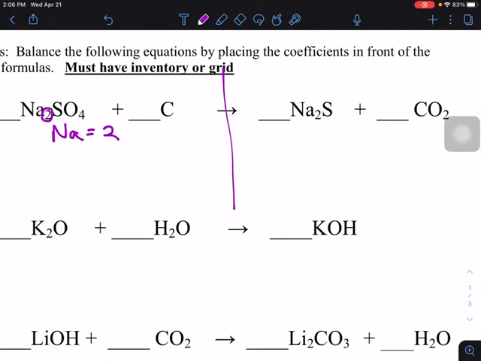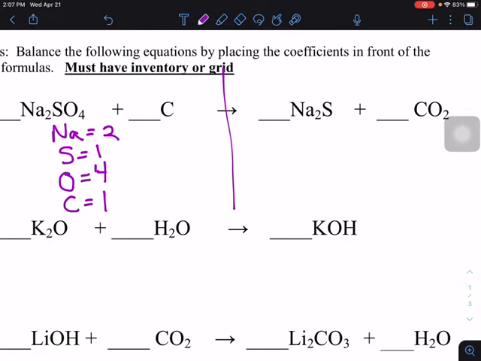Subscript 2 tells us how many we have. Sulfur is 1. Oxygen is 4. And carbon is 1, because we don't have a subscript there, no subscript is understood 1.